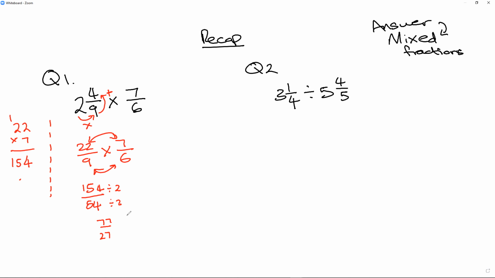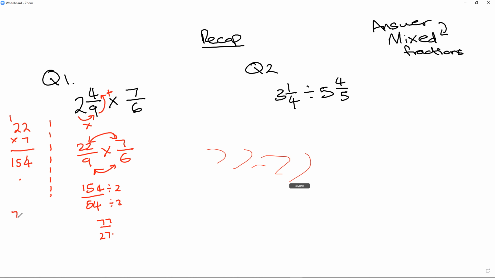Now, how would you write this as a mixed number? You can take away 27 from 77.